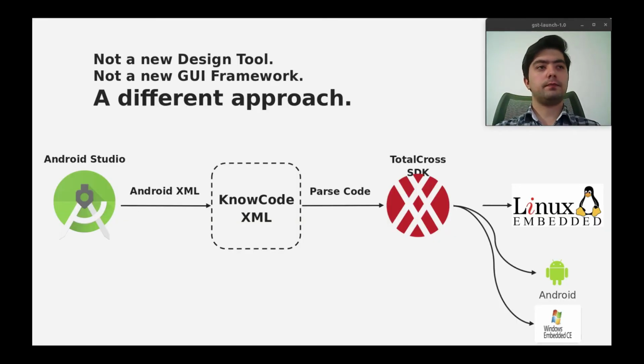As you can see here, the developer can design the Android GUI here, and as you know, the components are XML components with some external resources. They are parsed and passed through Null Code Xml to the TotalCross SDK, and so the developer can access the graphical components and their subcomponents.